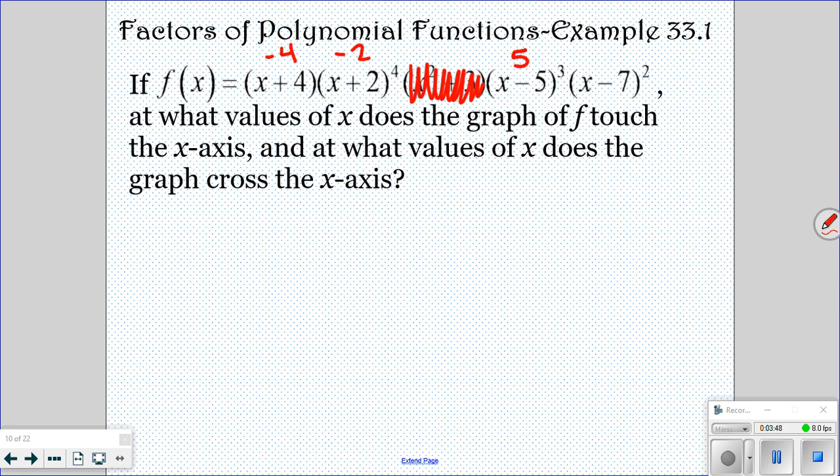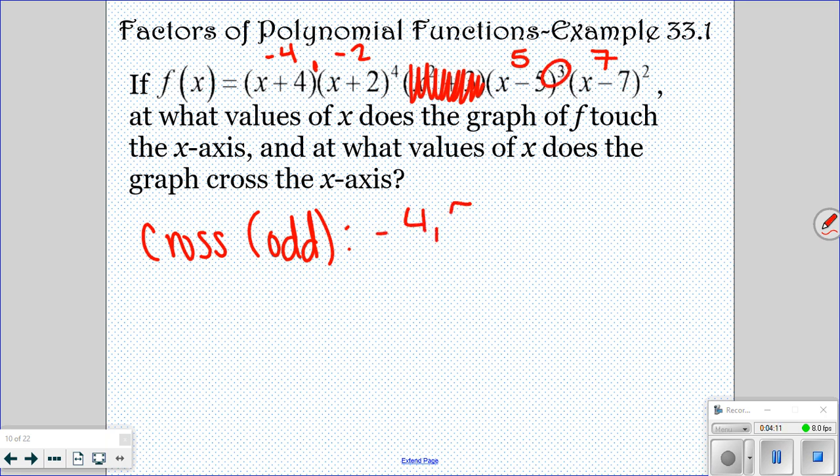This one is going to be a +5, and this one is going to be a +7. So it's going to cross the x-axis where it is an odd exponent. So where are our odd exponents? Here and here. So we're going to have it crossing at -4 and 5.